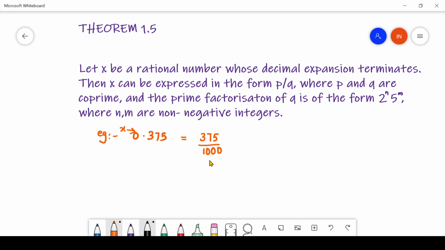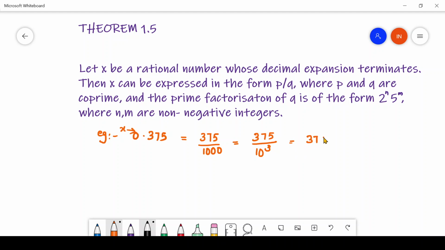So I have expressed it in the form p by q, where p and q are coprime and the prime factorization of q is of the form 2 raised to n, 5 raised to m. How can we do that? For the denominator, we have to do the prime factorization. So 375 by 1000. Can we write it as 10 cube? Yes.